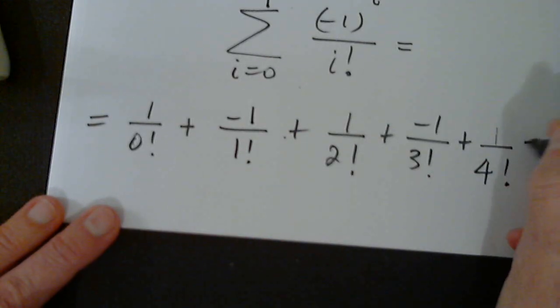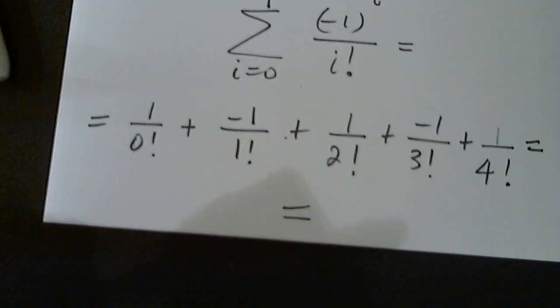Okay, I presented the terms, and now I can find the answer with the graphing calculator. I don't want you to spend time calculating this. So, again, careful how you enter it. Okay, so it starts at 0, and it goes to 4. From 0 to 4.